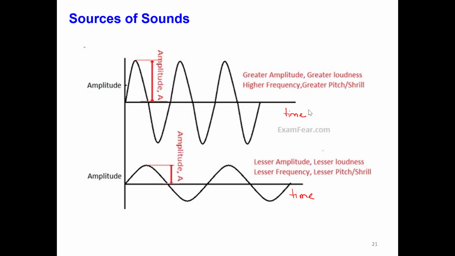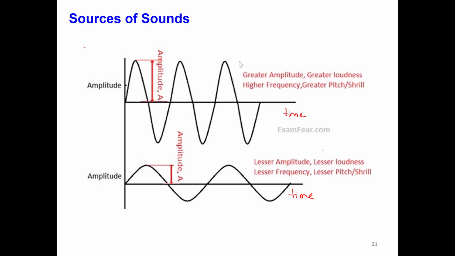In this graph, we have two different sound waves. In the first one, we have greater amplitude and higher frequency. But in the second one, we have lesser amplitude and lesser frequency. And how can we associate this with the sound we can hear?